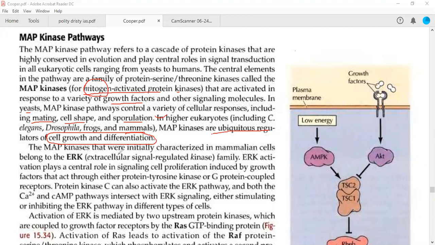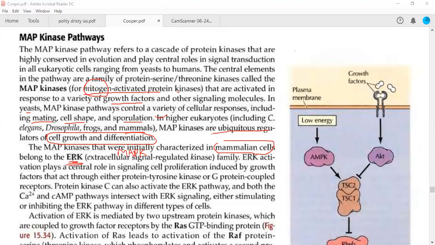The MAP kinases that were initially characterized in mammalian cells belong to the ERK family. Therefore, this ERK is called MAP kinase. So you can write here also, this is MAP kinase. This ERK was first characterized in mammalian cells.